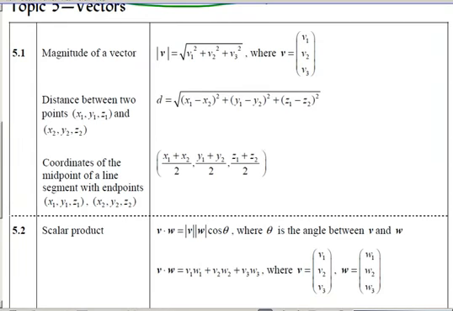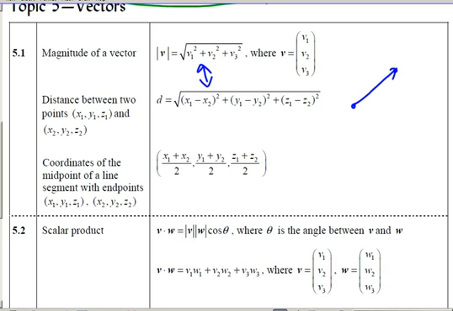Here's what's given in your formula booklet in terms of vectors. You've got the magnitude of a vector, which just means the length of the vector. Distance between 2 points. These are eerily similar formulas. In fact, they mean essentially the same thing, just without information about direction. Or actually, there's no direction in either of them.